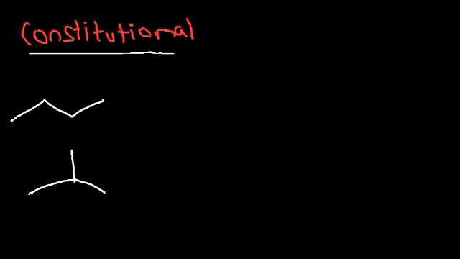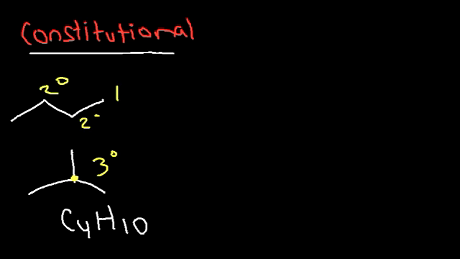The chemical formula is the same, C4H10, but notice that the connectivity is different. Here we have a carbon atom that's attached to 3 other carbon atoms. In this structure, there's no carbon atom that has 3 other carbon atoms. We don't have any tertiary carbons. We have secondary and primary carbons, but none are tertiary. And so constitutional isomers are connected differently.